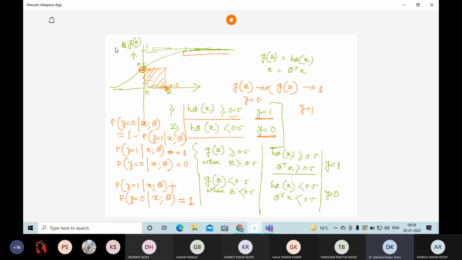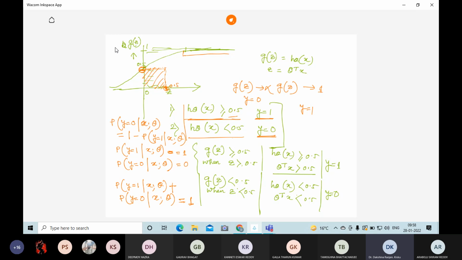So the hypothesis can be directly represented by this condition: when h theta x is found to be greater than or equal to 0.5, we assign y equals 1, or the class level would be 1, or in case h theta x is found to be less than 0.5, we assign y equals 0.